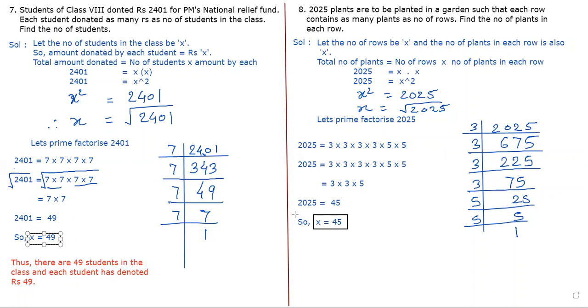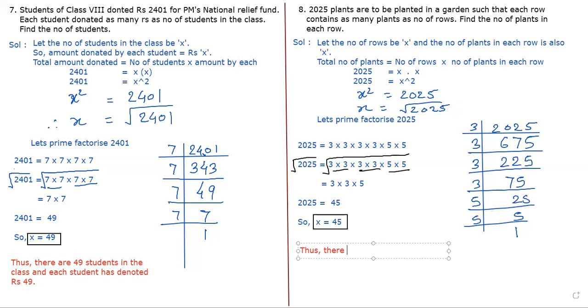What have we found out? The number of plants in each row will be 45 and the number of rows will also be 45. So 45 into 45 will give us 2025. Yes or no? Yes, sir.